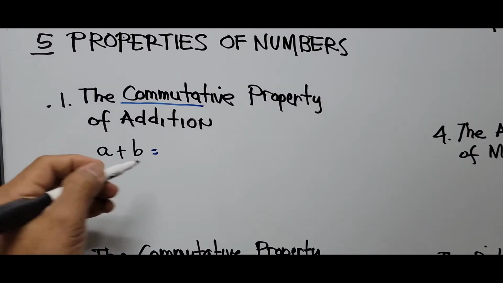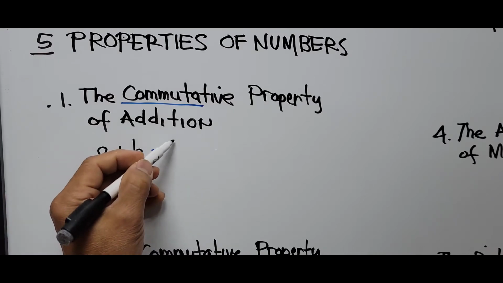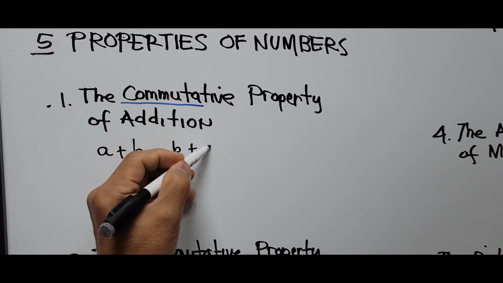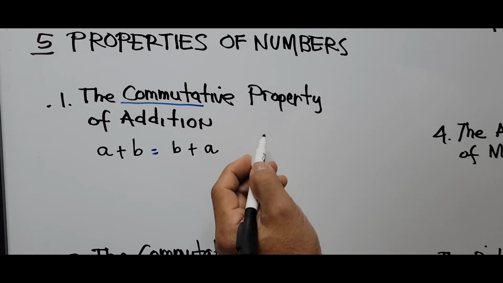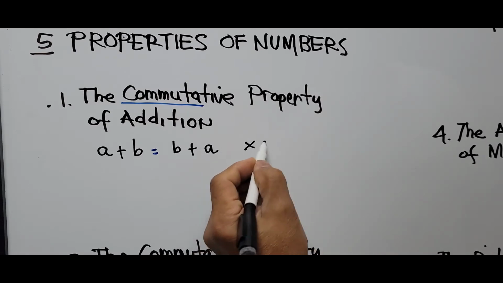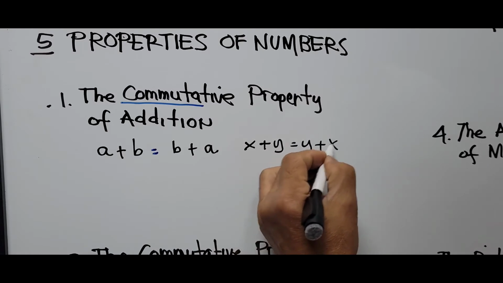So what does it mean by that? Like if it's a plus b equals b plus a, it's the same way. So that should be equal to the same way. In algebraic expression, let's say we have x plus y is the same as y plus x.